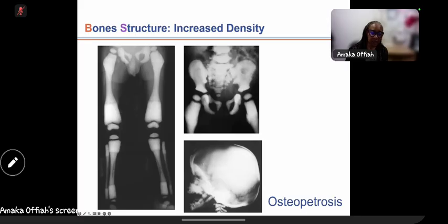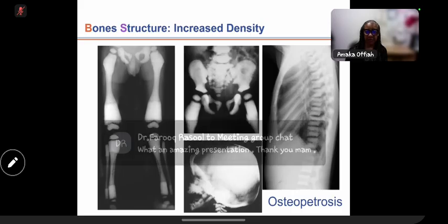Usually what happens is that the normal bone is laid, but the osteoclasts don't work, and so the bone gets denser and denser. And when you treat a child with bisphosphonates, you're in fact giving them an iatrogenic osteopetrosis because the bisphosphonates inhibit osteoclast activity.